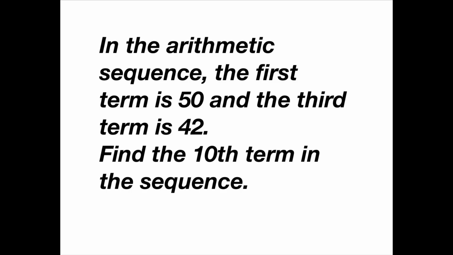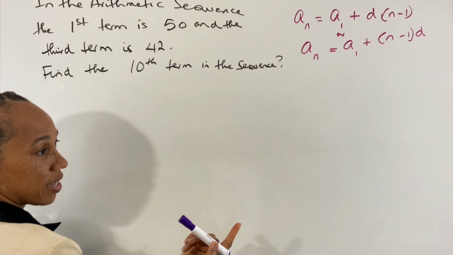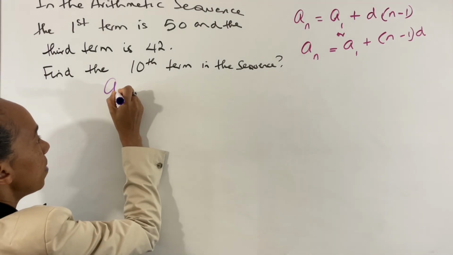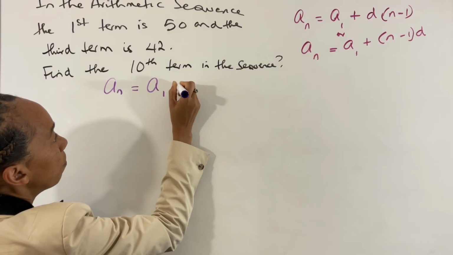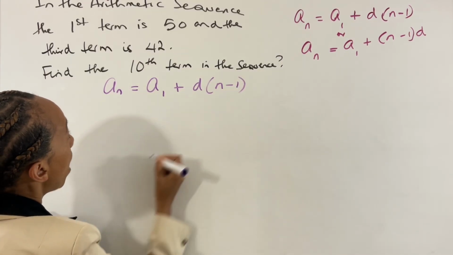So we are to find the 10th term in the sequence. As usual, I always tell my students to start out with the formula first and write the formula as a sub n equal a sub 1 plus d open parentheses n minus 1.